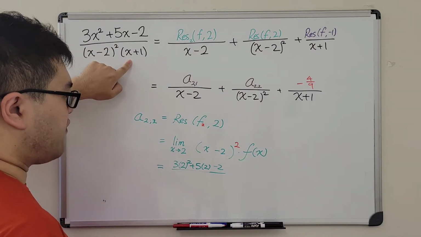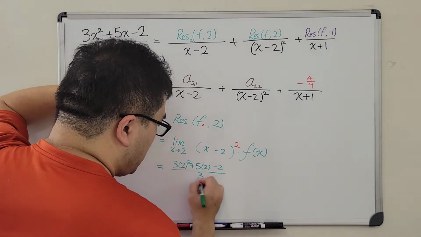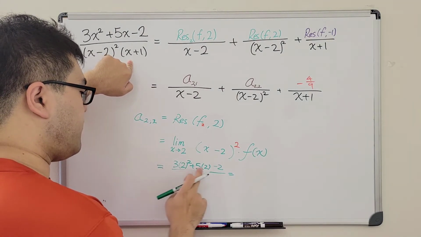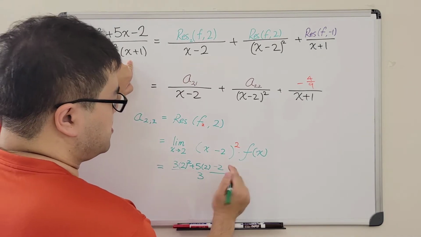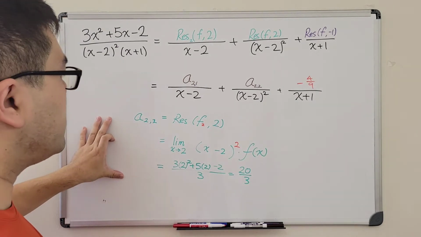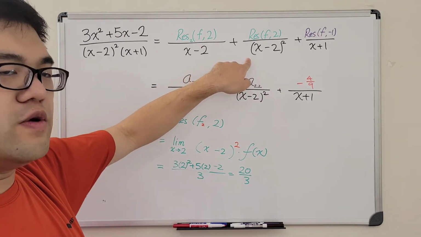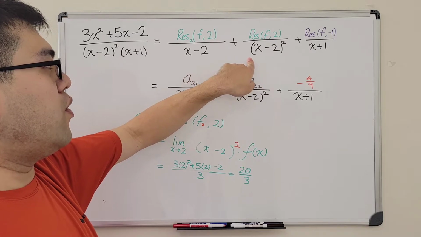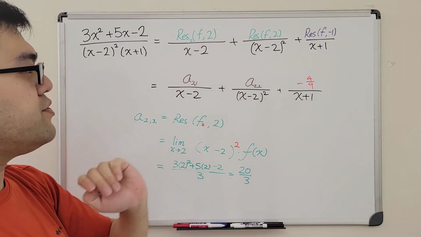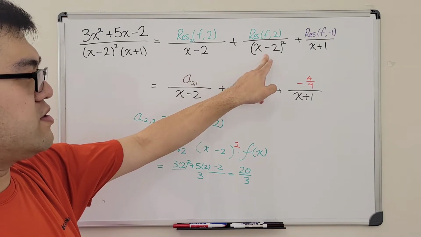And on the bottom we have x plus 1, which is 2 plus 1, or 3. Then if we simplify it, we get 12 plus 10, which is 22, minus 2, giving us 20 over 3. So this will give us the answer of the middle term, in order to find the coefficient, or you can call it the residue, of x minus 2 squared.